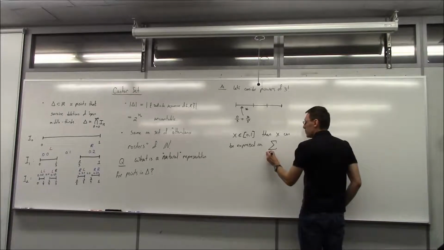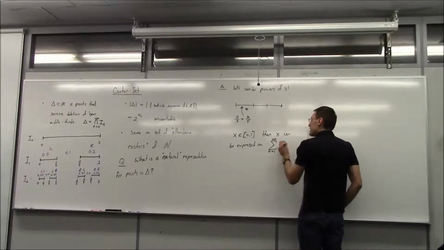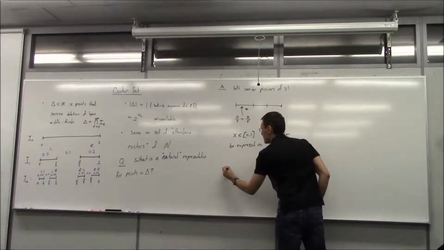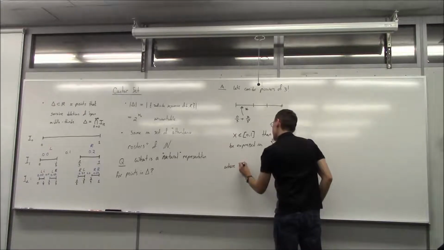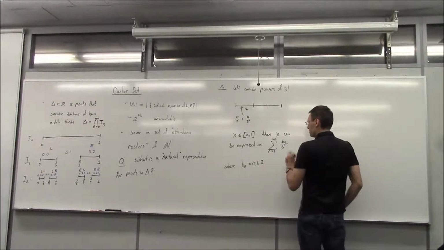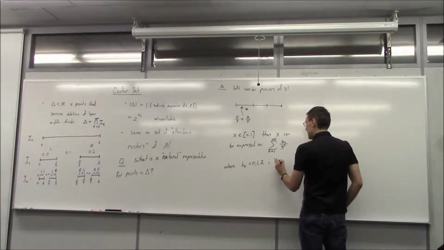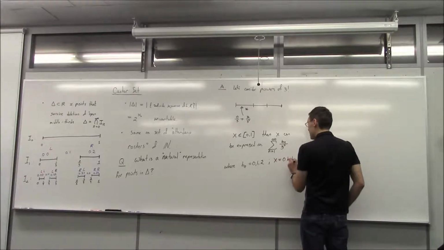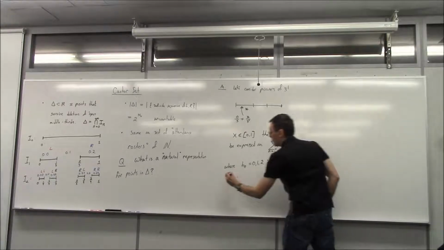And the infinite sum will be n equal 1 to infinity of something of the form b sub n divided by 3 to the power of n, where b_n is either equal to 0 or to 1 or to 2. So, in other words, we will say that x is equal to 0.b1, b2, etc., and we call it base 3.